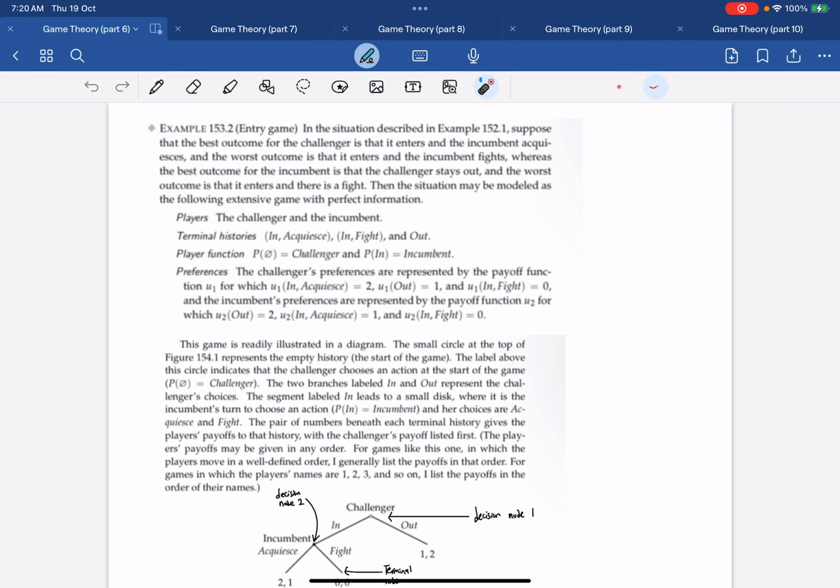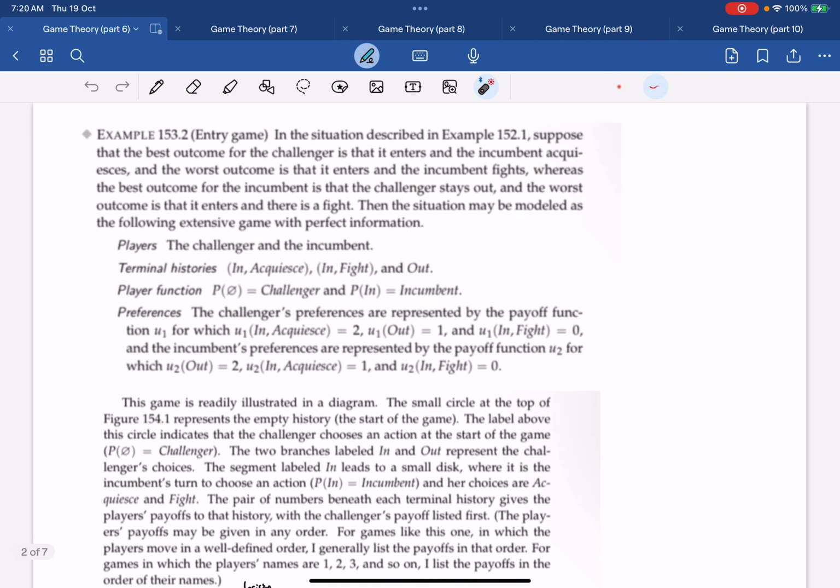An example of a sequential game is the entry game. What you have is a challenger and the boss, the incumbent.